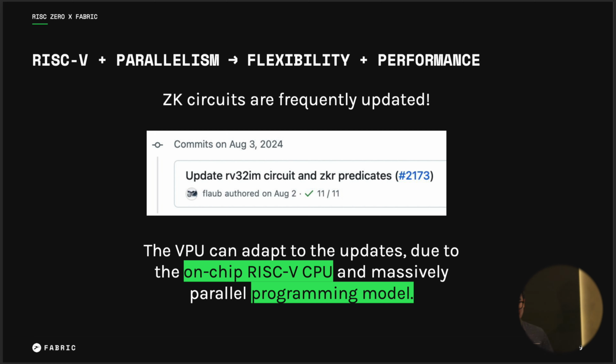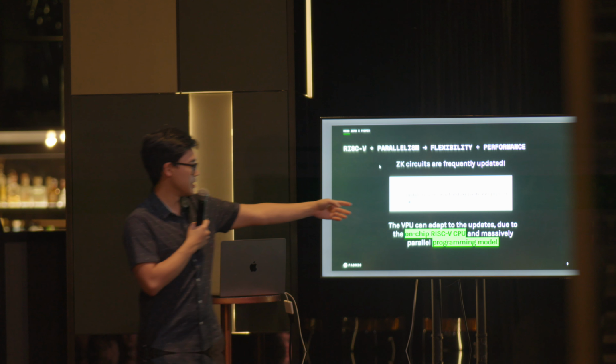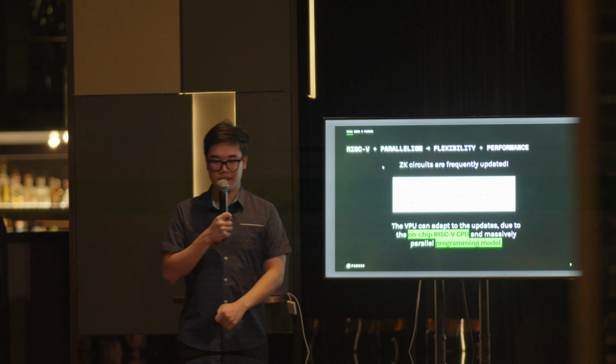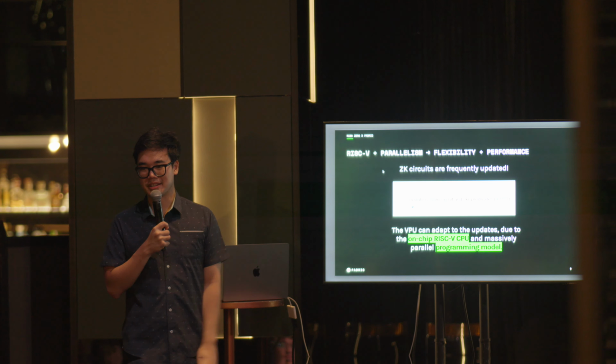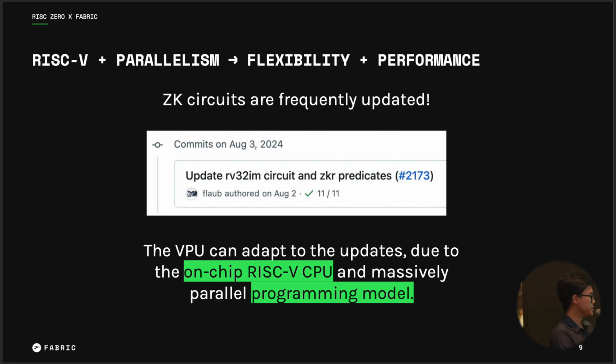And here's the thing about ZK circuits. They're changing all the time, right? Actually, the last commit to the circuit was August 2nd. So these change every couple months, every couple weeks. And the awesome thing about the VPU being a programmable processor is we can adapt quickly to those updates. We have an on-chip RISC-V CPU. We have a massively parallel programming model.